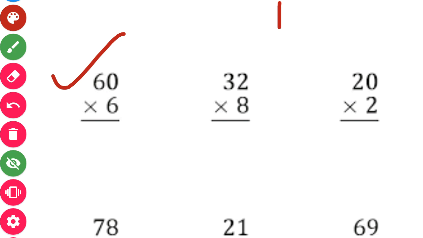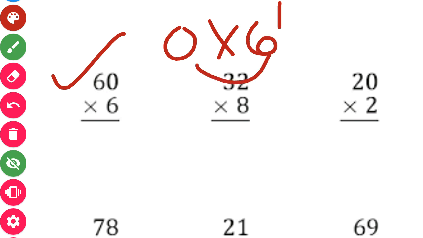Okay. Now, here at ones place we are having 0 and 6. Here we have to multiply 0 by 6 or 6 by 0. So we have read in our properties of multiplication that any number that we multiply with 0 will become 0. So 0 sixes are 0.